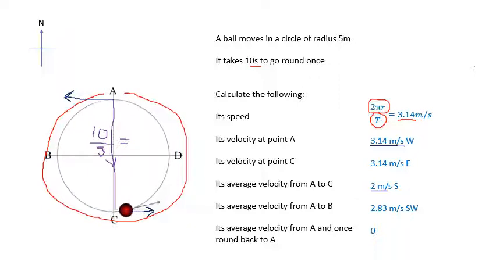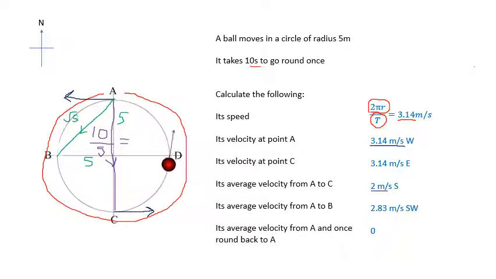Its average velocity from A to B. Now from A to B, its displacement is that. That's its displacement. Okay. Now what is this distance here from A to B? Well, if that's 5 and that's 5, then you should from maths know a bit about Pythagoras. Then this distance from there to there is going to be root 2 times 5.